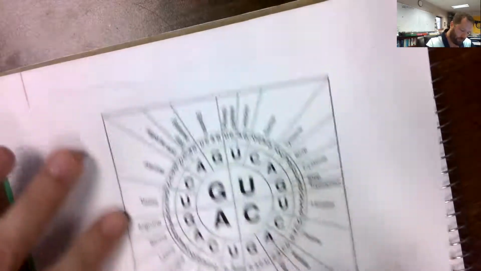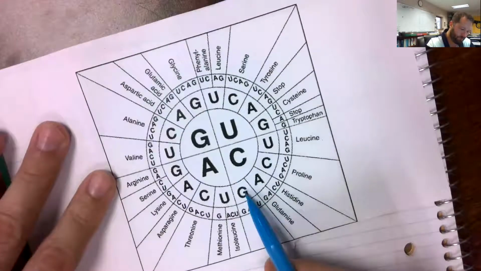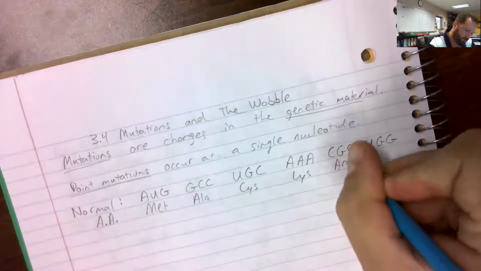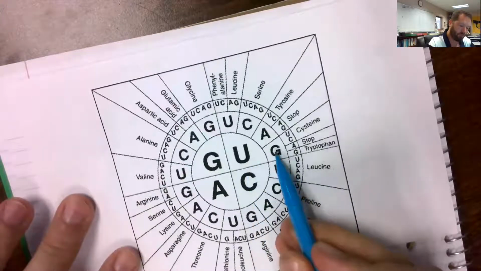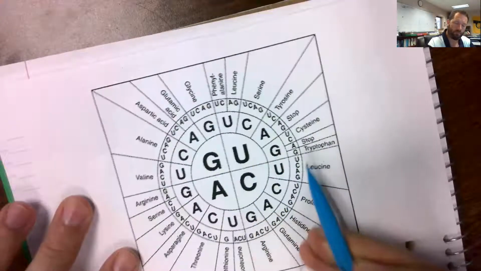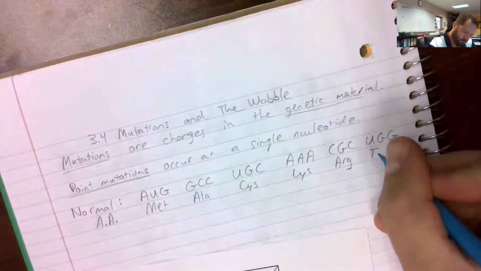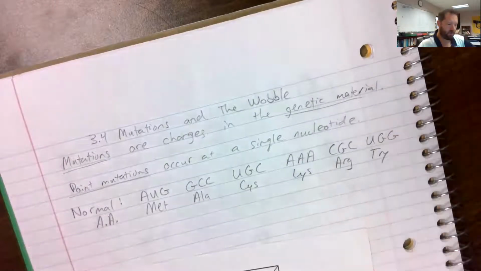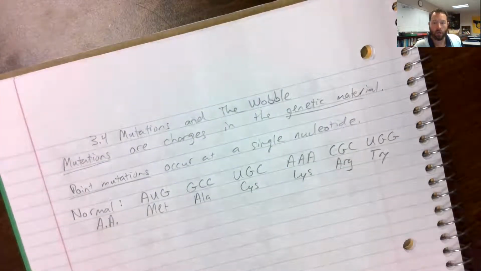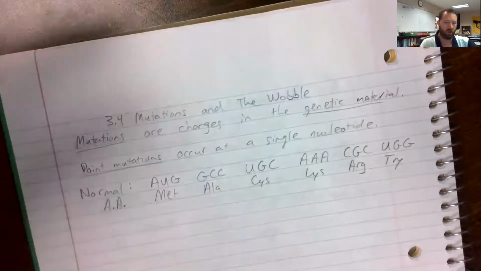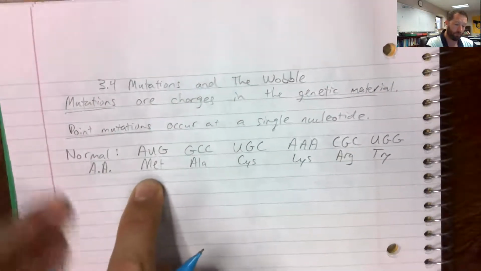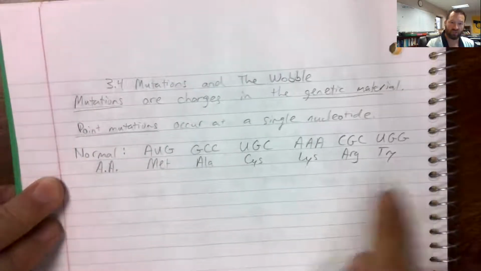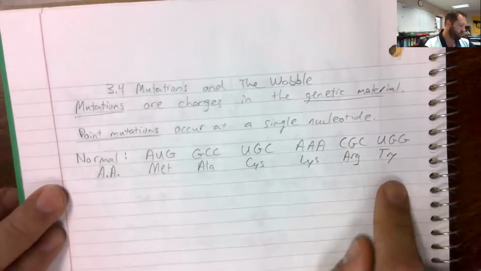CGC, arginine. And UGG, tryptophan. All right, so there is our normal unmutated strand of RNA and the normal amino acid, so the normal protein sequence that goes with it.